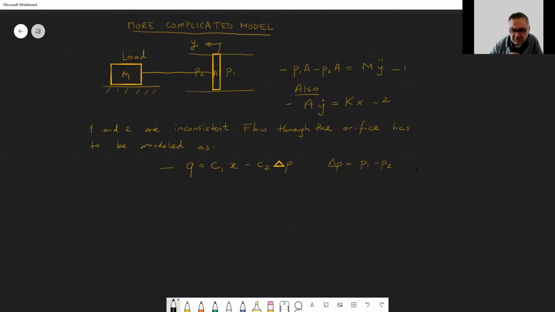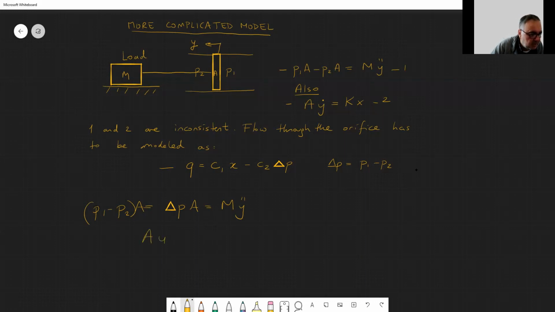So the equations are as follows. As you remember, P1 minus P2 times A, which is delta P times A, is equal to M y double dot, okay? That's one equation.